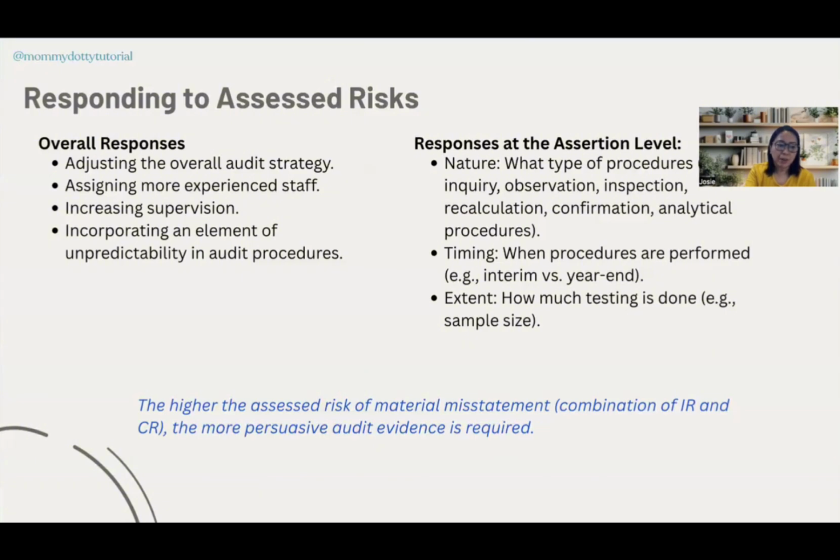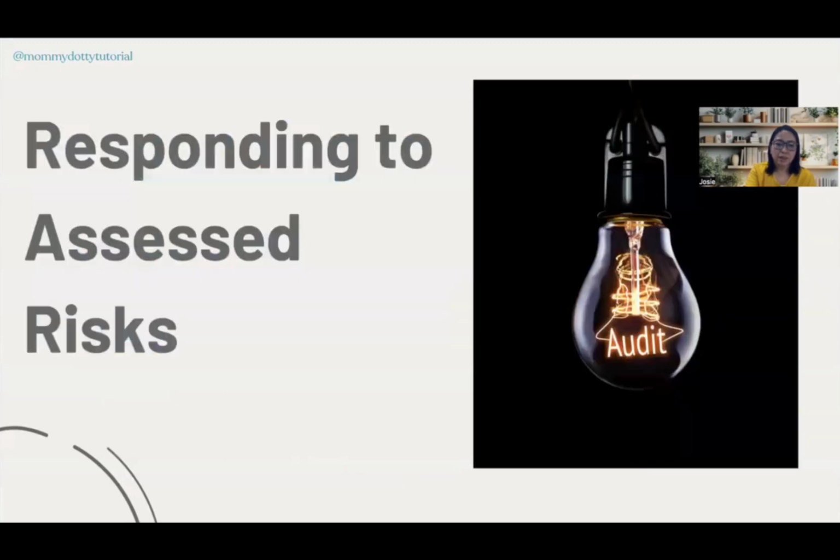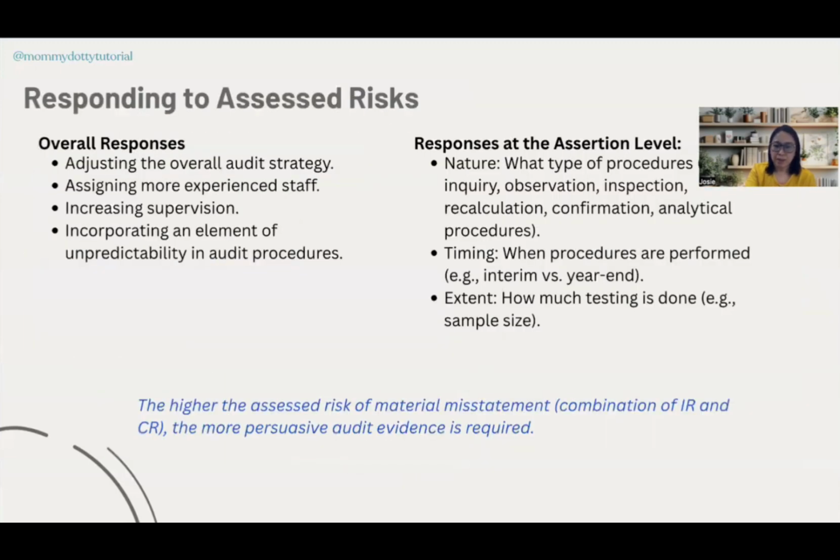Remember in my previous slide, the higher the inherent risk and the control risk, the more substantive procedures that we need to do. Keep that in mind because it's really important, because in the exams, there are quite a lot of questions related to audit risk.